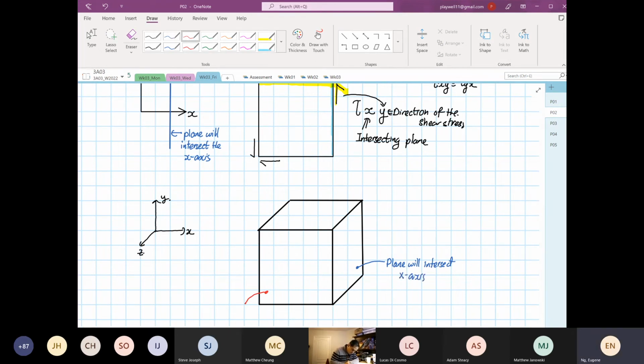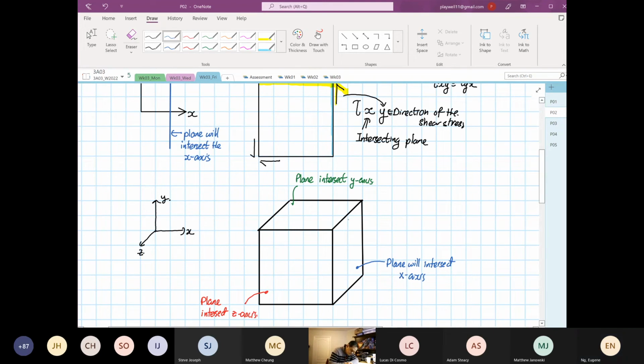The next one, the plane intersects the z-axis. And the last one, the plane intersects the y-axis. You can see that, right? You are clear on that. Yes, very obvious, right? So now we are going to draw our forces.